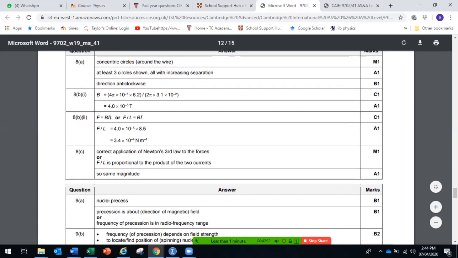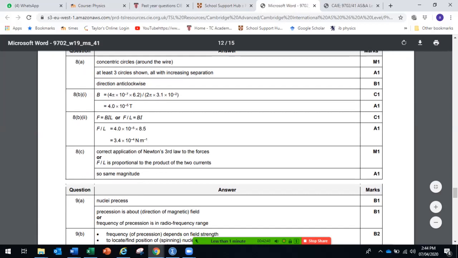You have to link to Newton's third law. The force between the two wires is an action-reaction pair based on Newton's third law. Therefore, the force per unit length must be the same, but in opposite direction. You always need to link to Newton's third law.